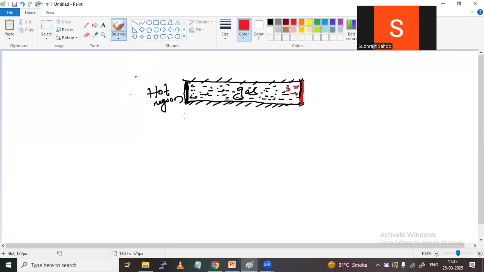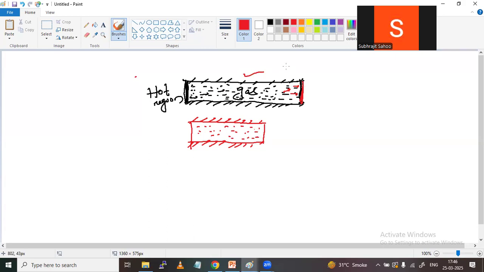I will take one more tube, but this time the length is less. Same situation, insulation on the sides, and here again same gas, same quantity. What is the difference?